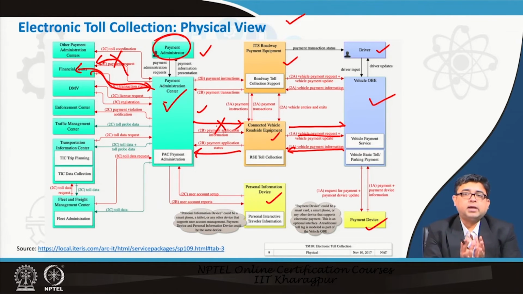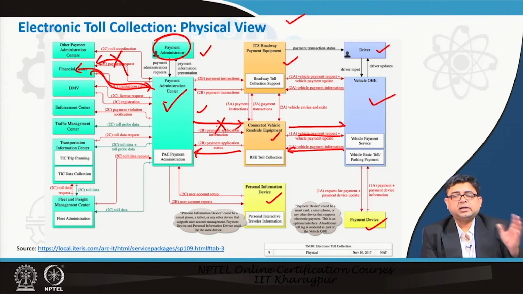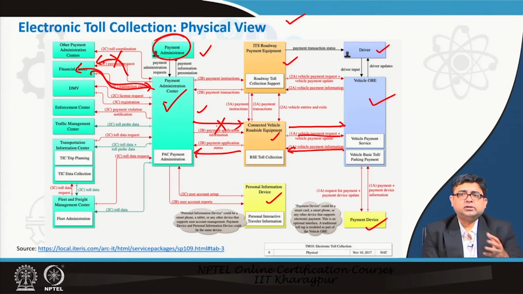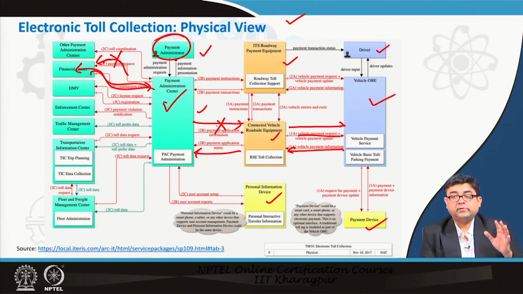Ideally, you would not have a manual backup, because if you have a manual person there as well as the electronic toll collection, then there is no cost efficiency involved. So, when you do not have a manual person and there is a snag in the electronic system, the efficiency of the system goes down very quickly.